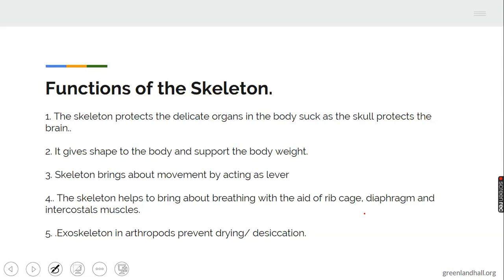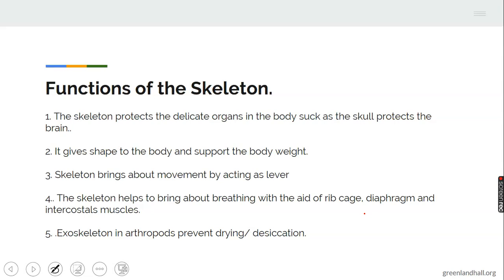How did we define skeleton the last time we met? Yes, you. Framework that provides rigidity, shape, and support. Thank you. Skeleton is defined as a framework that provides rigidity, shape, and support. Good. Now, among the functions of the skeleton, we have the following.